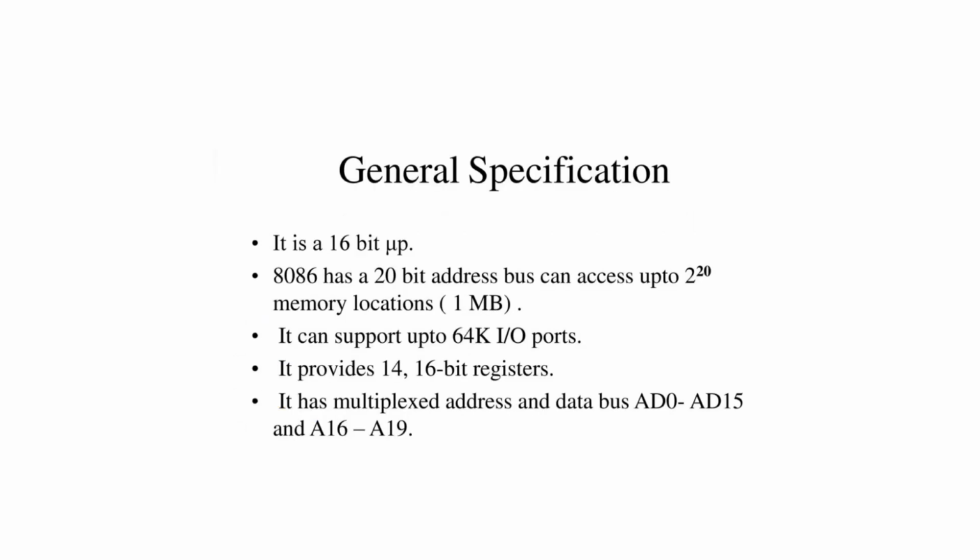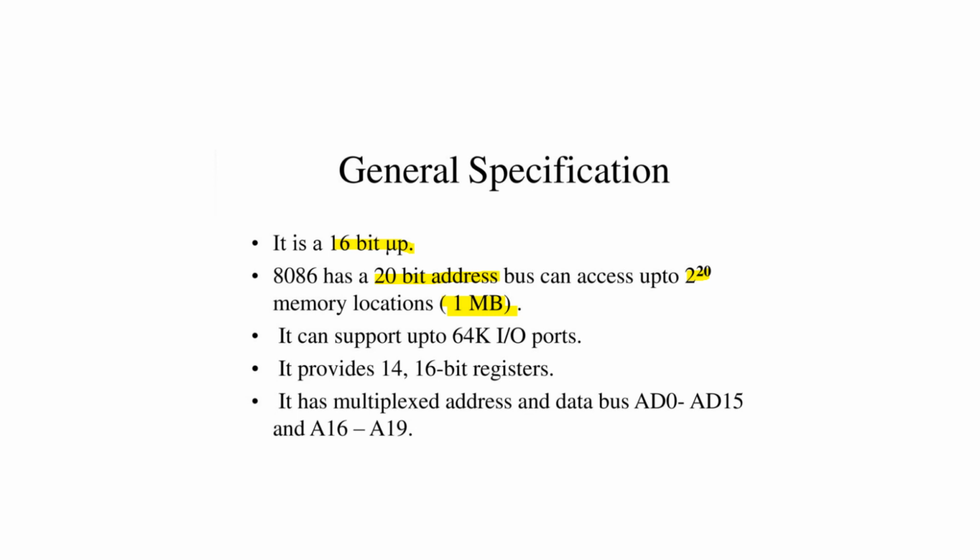And I already told you it is a 16-bit microprocessor, and it has a 20-bit address line. So 2 power 20, how much memory can it handle? Totally 1 MB of memory capacity. But the 8085 can handle only 2 power 16 memory locations.